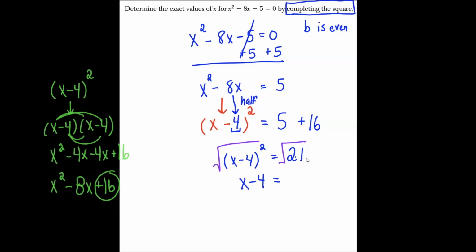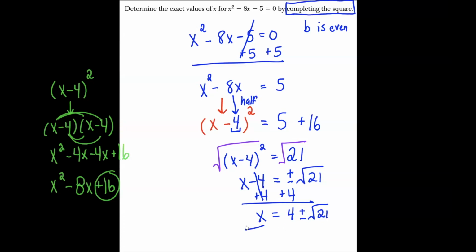On the right side, this doesn't simplify, so I'm going to leave it as the square root of 21. But don't forget, I now have that plus or minus. My last step is simply to add 4 to both sides. So my answer here is x is equal to 4 plus or minus the square root of 21.